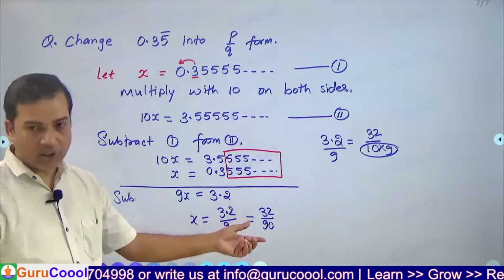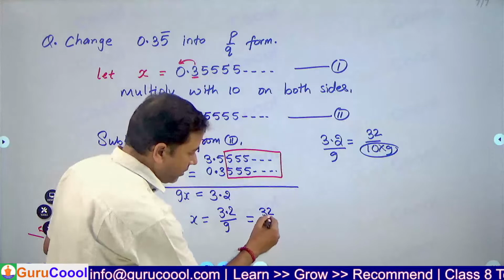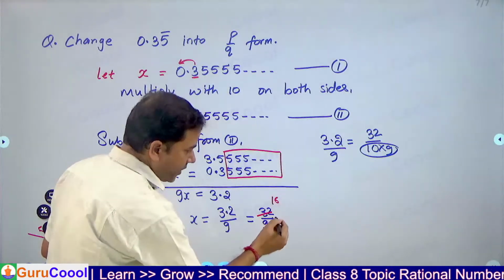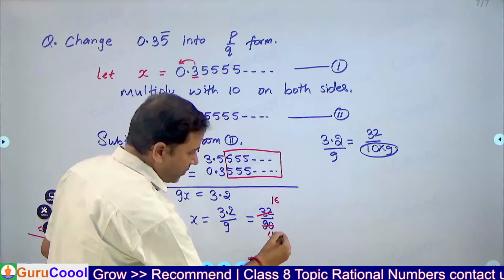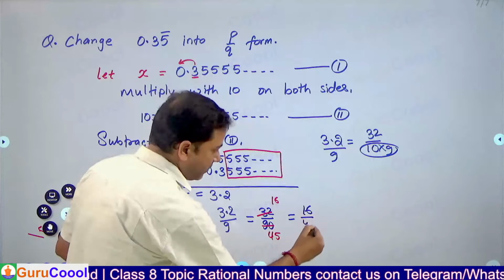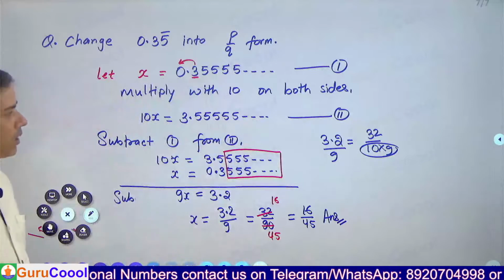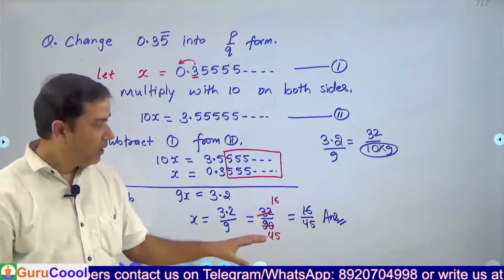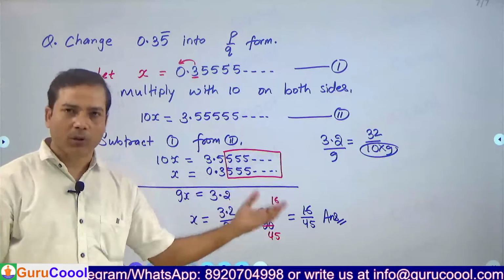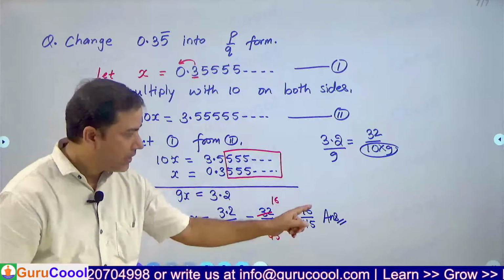If simplification is possible, we will simplify, else leave it. Here it is possible to simplify: 2 times 16 and 2 times 45. So 16 by 45 is the answer. To check that we have the correct answer, we can use a calculator, or do the long division of 16 by 45.